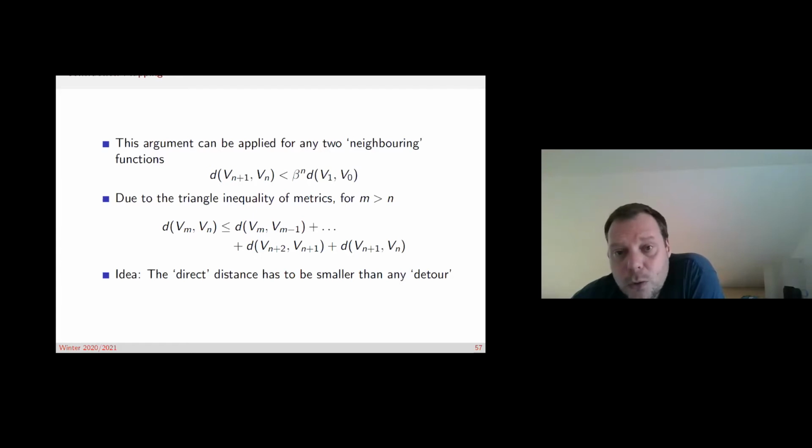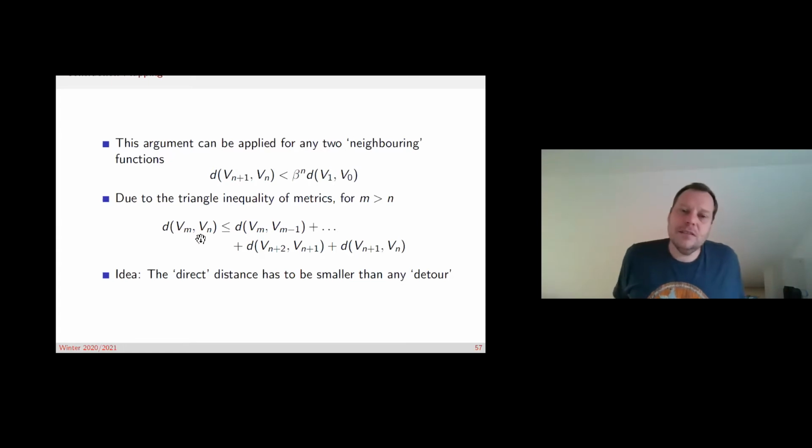But you could also just choose two functions, so functions m and n, they do not necessarily have to be neighboring functions. That could be any function. What you want to have is what is called the triangle inequality, which this distance measure should fulfill.